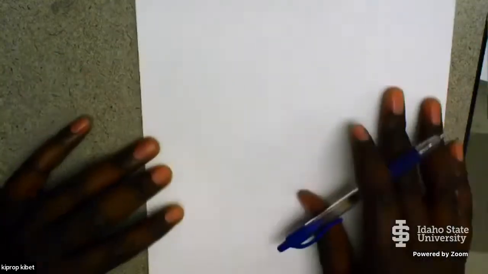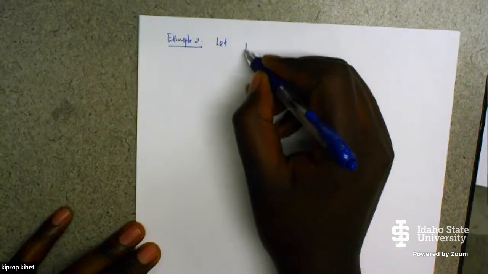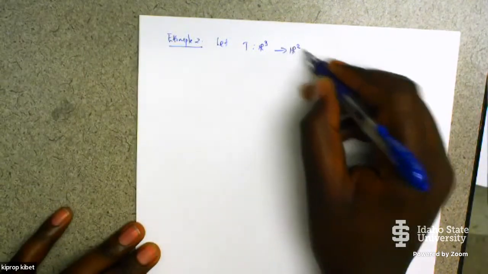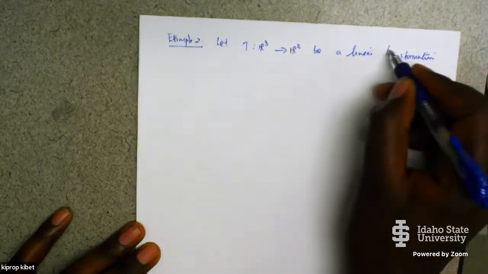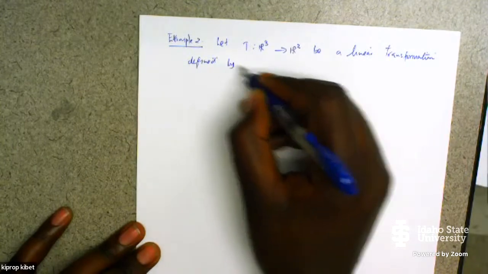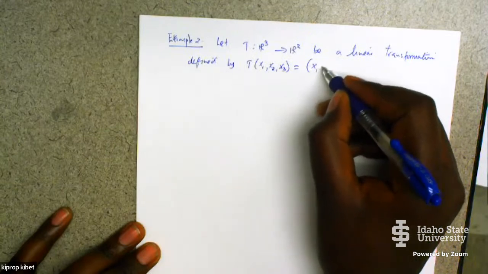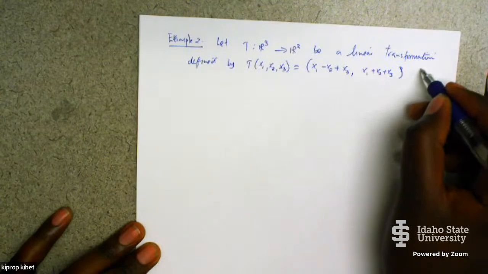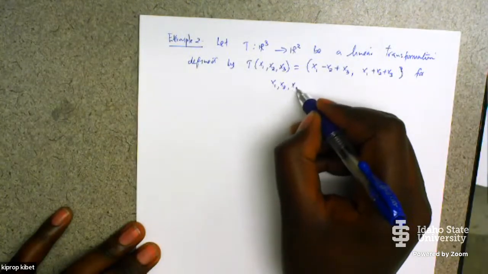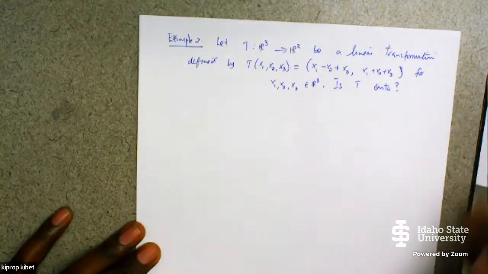Let T from R3 to R2 be a linear transformation defined by T of x1, x2, and x3 equals x1 minus x2 plus x3, x1 plus x2 plus x3, for x1, x2, x3 elements of R3. Now, is T onto?